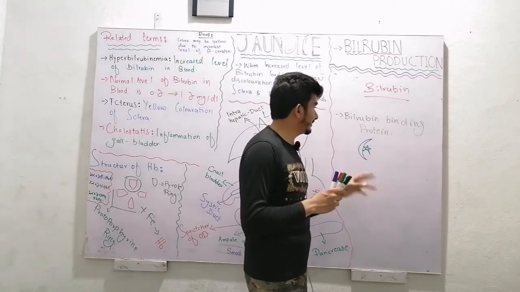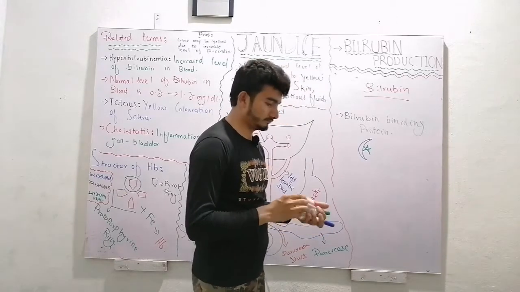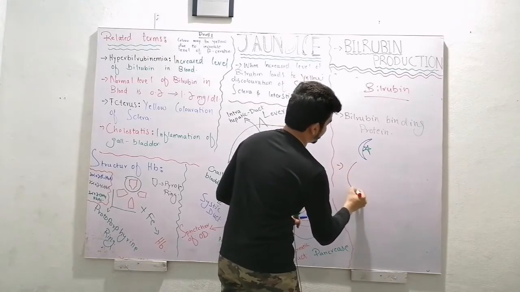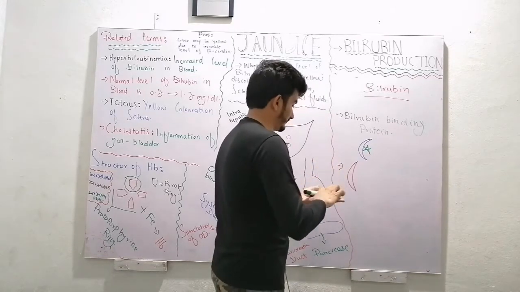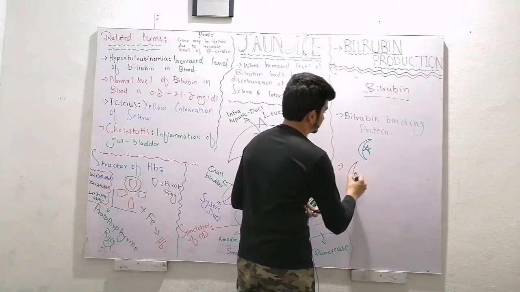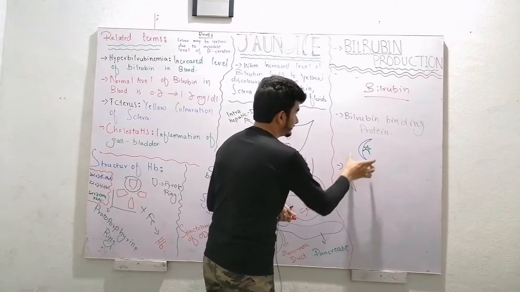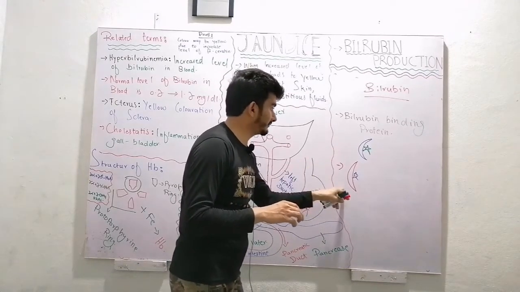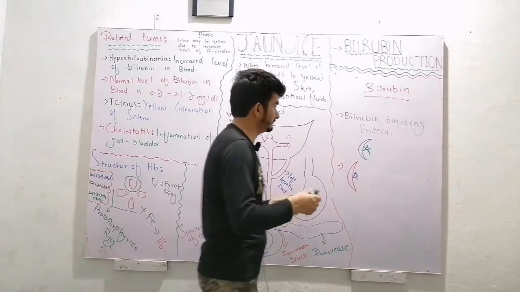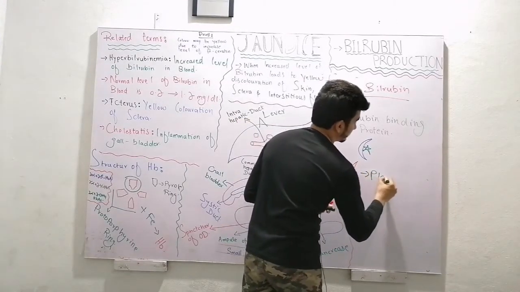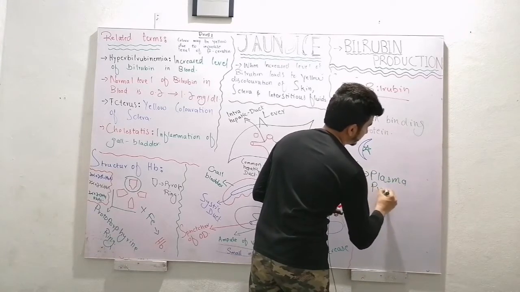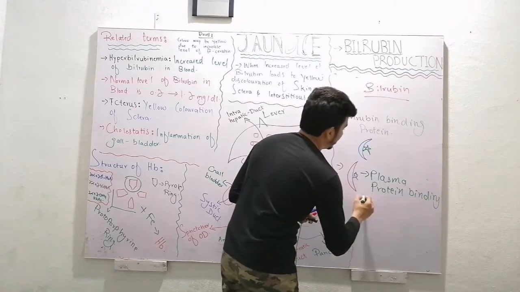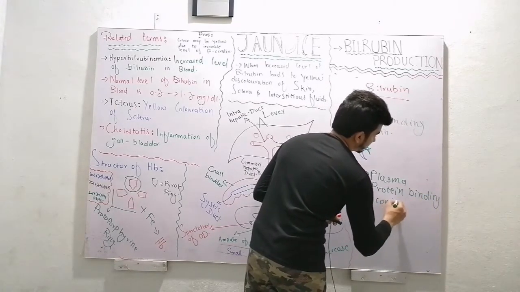Okay. After this, what will happen? Now when the bilirubin is bound with the special type of protein, bilirubin binding protein, in this case it is called plasma protein binding unconjugated bilirubin.